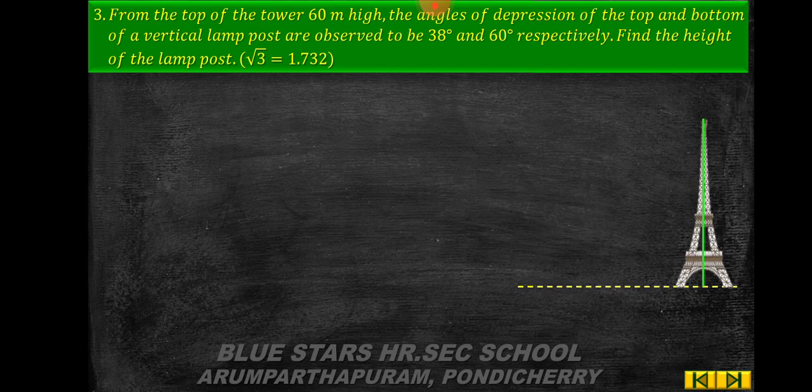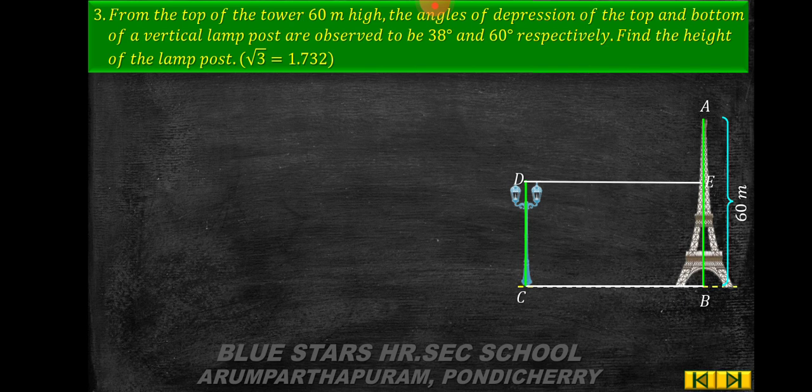So this is the tower. The height of the tower is 60 meter and there is one lamp post. Join the top of the tower to the top of the lamp post. That angle is 38 degree.